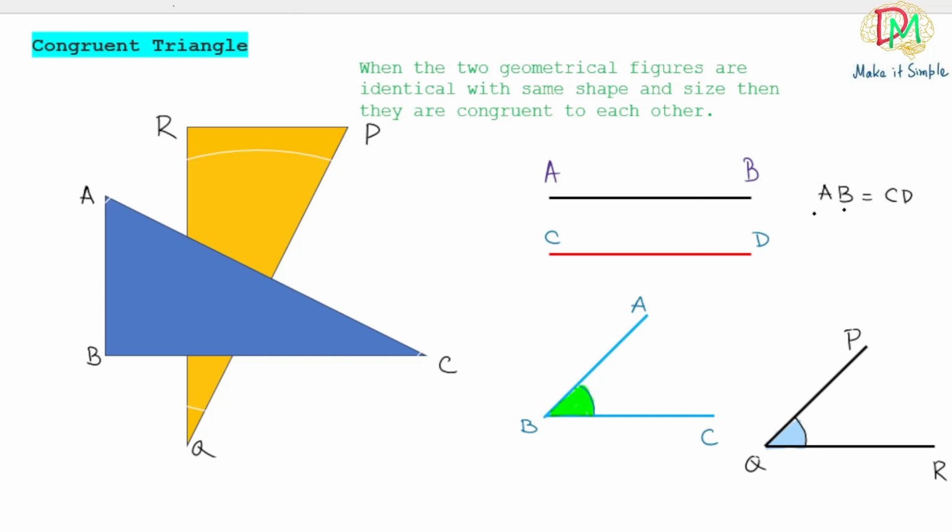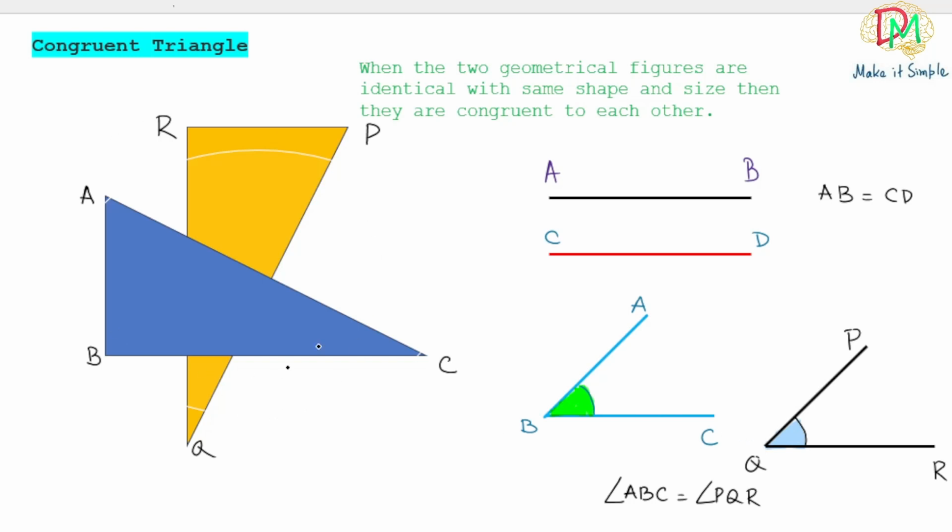These two line segments have the same length, and here, since these two angles are congruent to each other, we can say angle ABC is equal to angle PQR. So these are the corresponding parts.